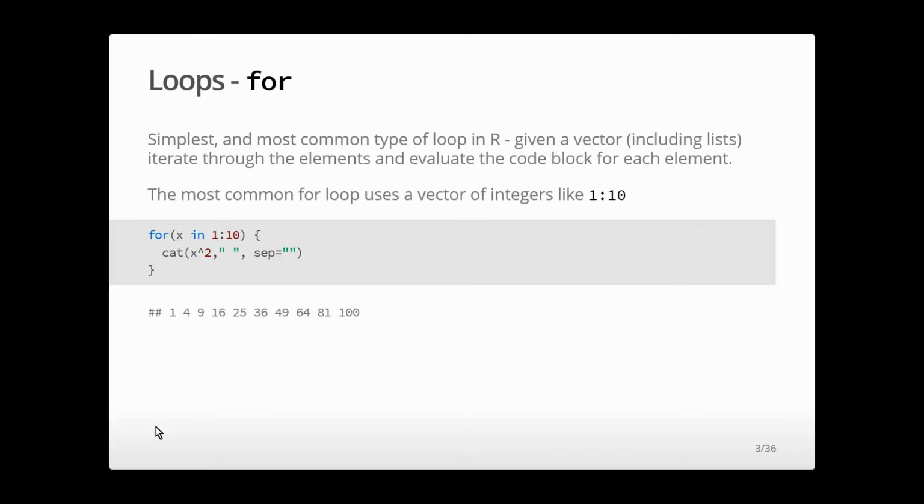But here, you're probably used to creating loops like this. You say for x in 1 colon 10, and then it's going to just cat x squared. And so then it goes 1, 4, 9, 16, 25, 36, and so on and so forth.